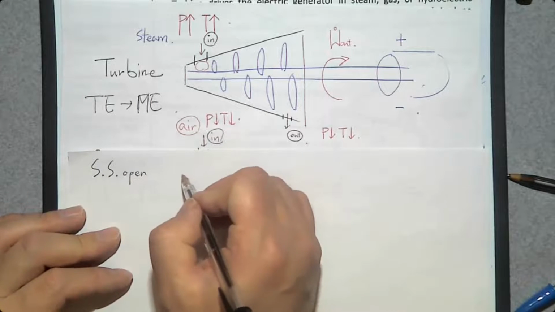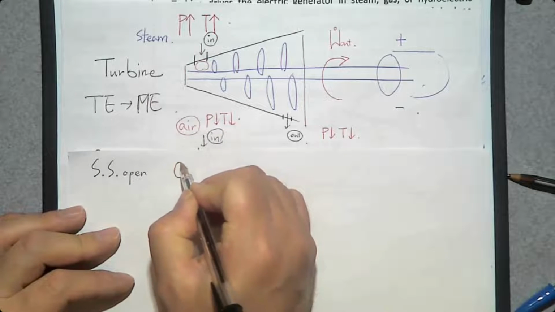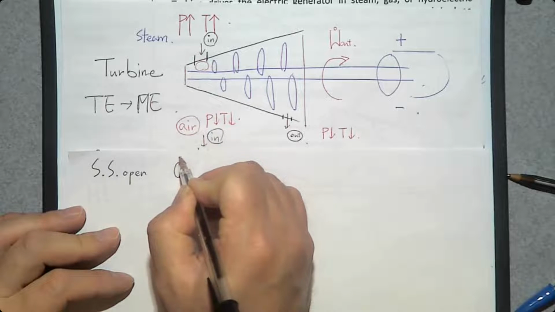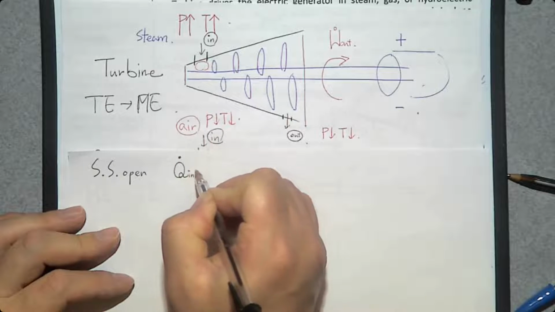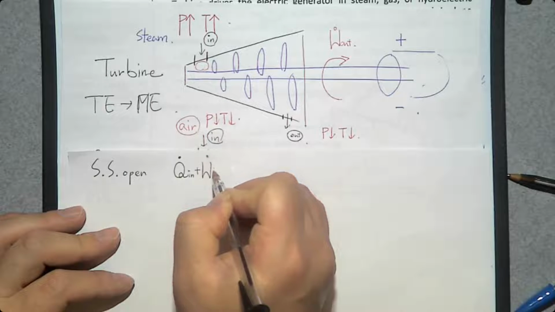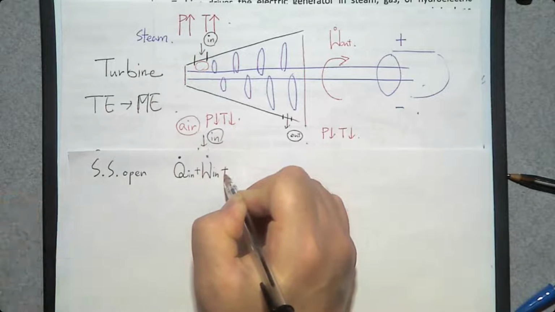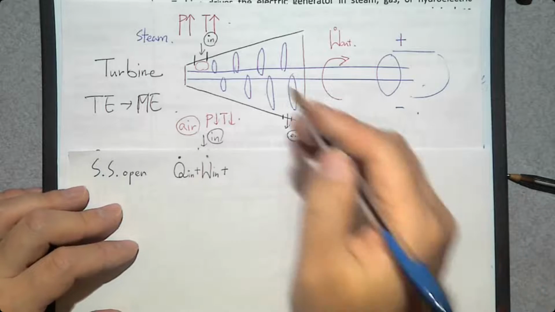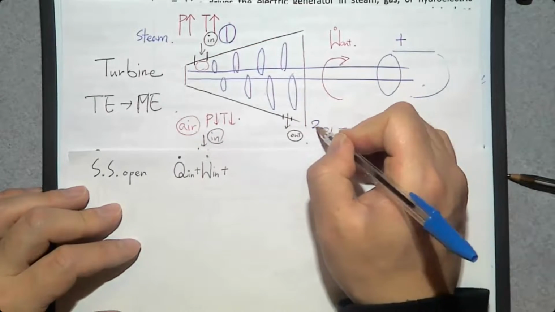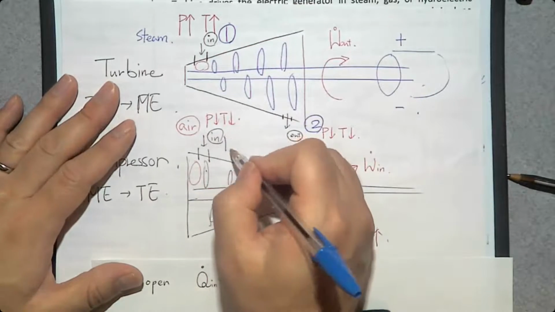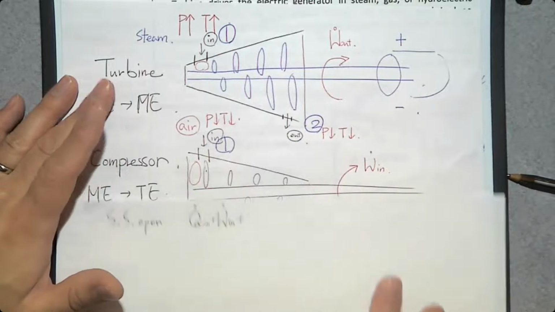When you have steady state open system, the energy balance equation is always Q dot in plus W dot in plus m dot at the inlet. So let's assume that inlet is number 1, exit is number 2.